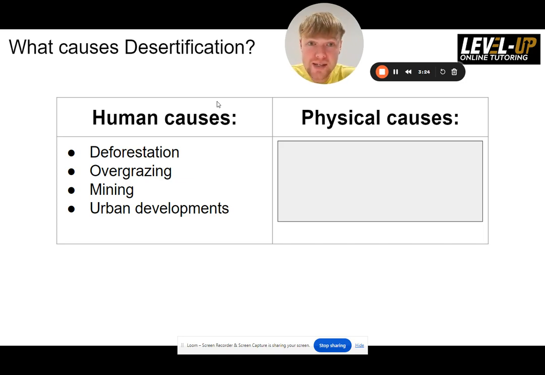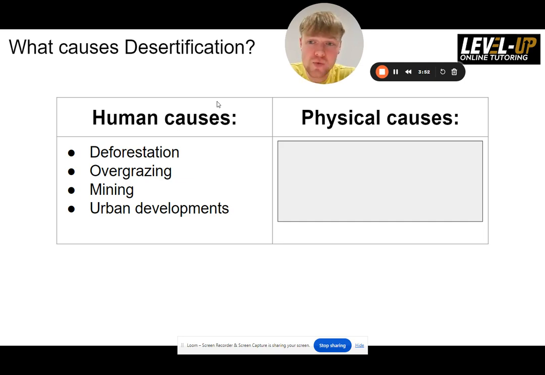Very similar with overgrazing. We know that a key opportunity is farming, cattle farming. And we said in the previous video that those farmers are nomadic in their practices, so they will move across the desert throughout the year. They will find an area of land that has some grass that their cattle can graze on, and then they'll move somewhere else once the animals have eaten all of that and destroyed all of that.